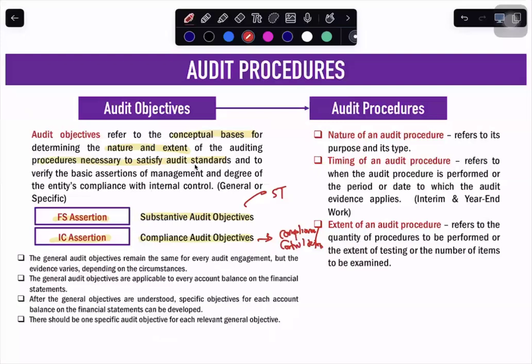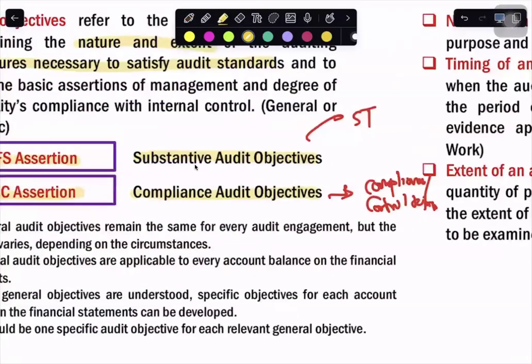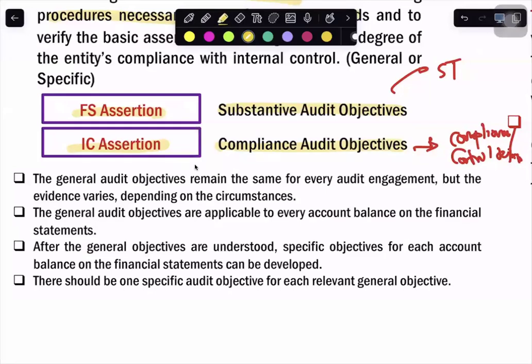Okay, so let's look into the different bullet points here. The general audit objectives remain the same for every audit engagement, but the evidence varies depending on the circumstance. The general audit objectives are applicable to every account balance on the financial statements. And after general objectives, we look into the specific objectives for each account balance.